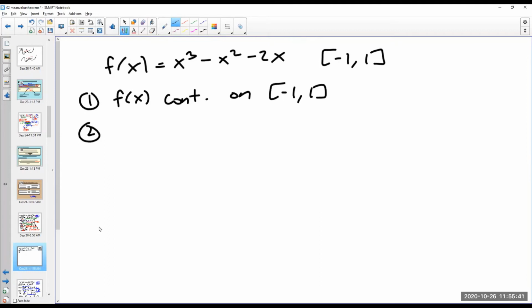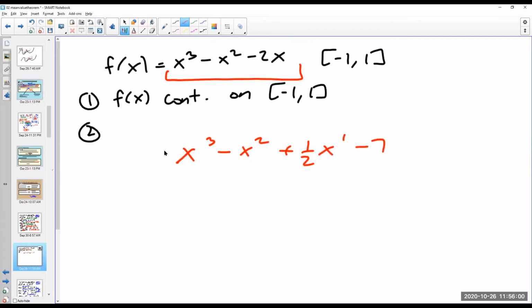Is it? Let me just point out, this is a polynomial. Do you guys know what polynomials are? They're just like when you have x raised to some whole numbers, x cubed minus x squared. The coefficients can be fractions, that's fine, but your powers cannot be fractions, okay? If you have x raised to a whole number, x raised to a whole number, you add them together, that is called a polynomial.